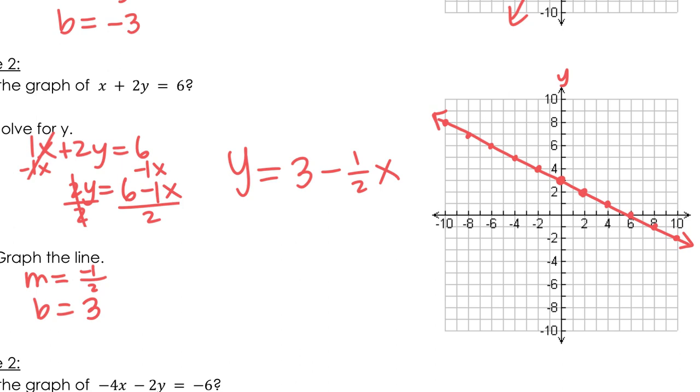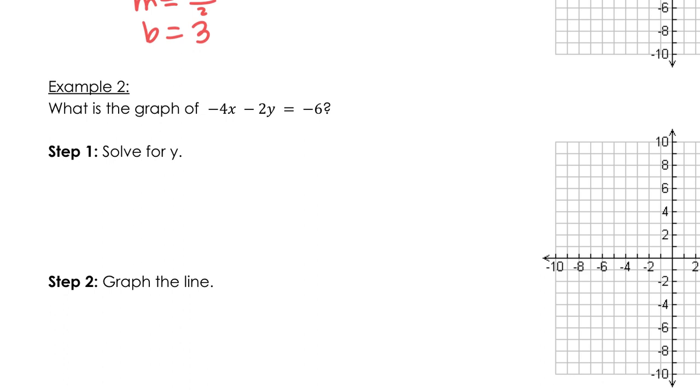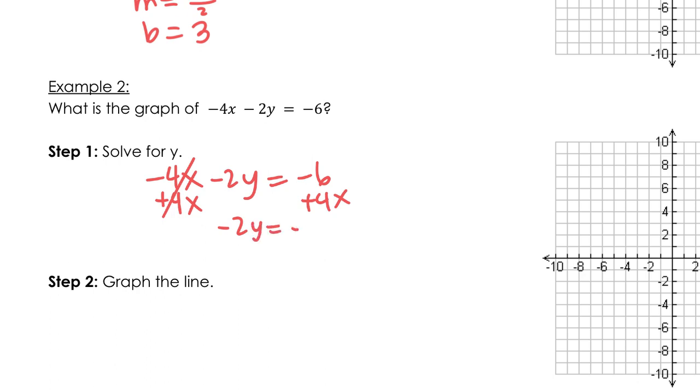All right, let's try another example on this last one. Let's start off again by solving for y. So 4x minus 2y equals -6. Our first step is always to move the x. Since it was a 4x, I'm going to subtract 4x from both sides, so -2y equals -6 minus 4x.